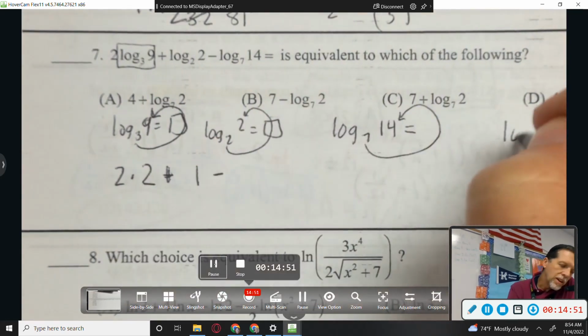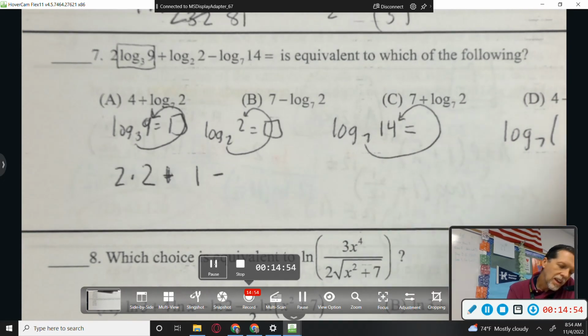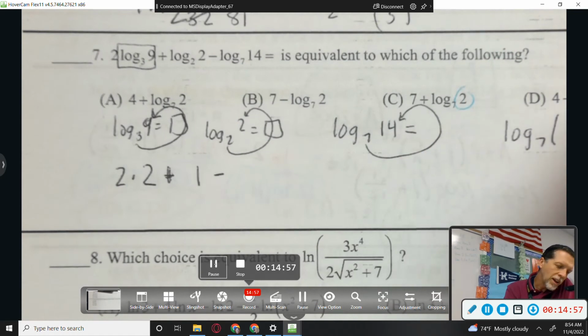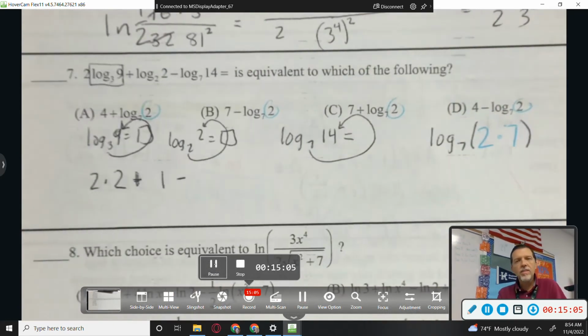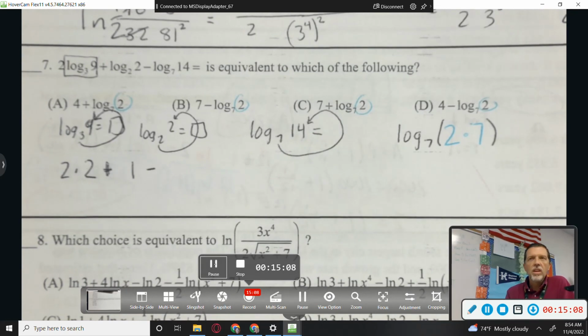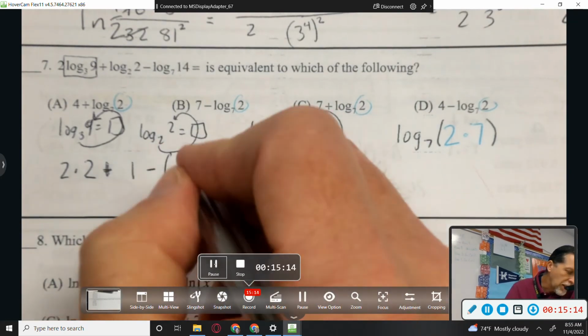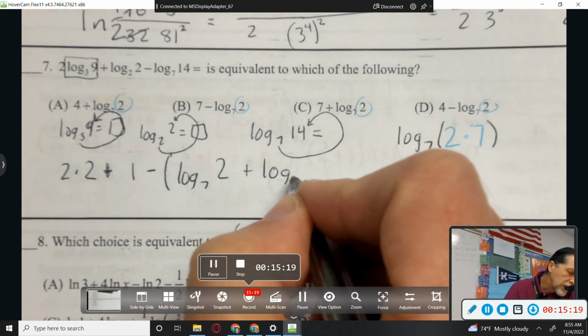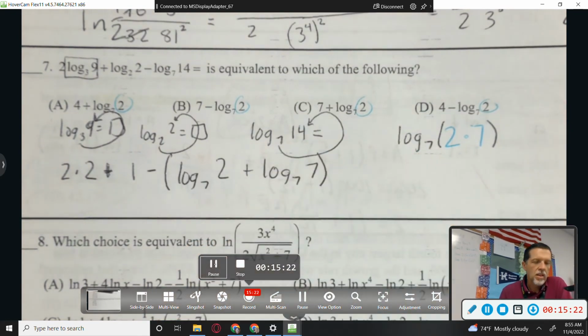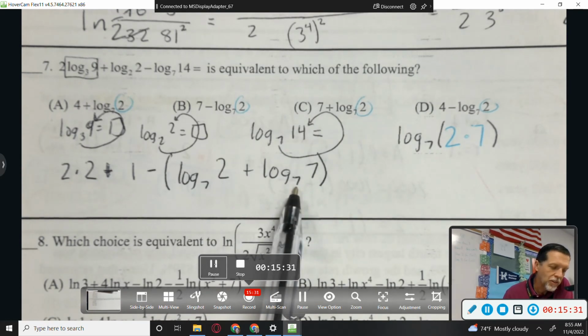So what if instead, especially since all my answer choices have a log 2 in them, how about I rewrite 14 as 2 times 7? And the only reason I would do that is now I can split that up into log base 7 of 2 plus log base 7 of 7. And log base 7 of 7, what's that equal to? 1.